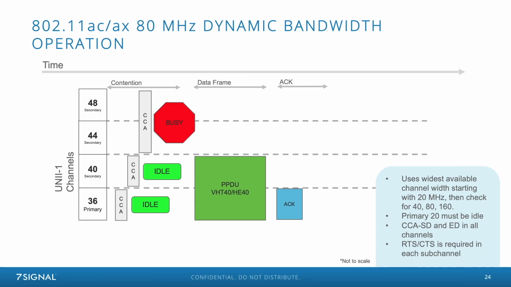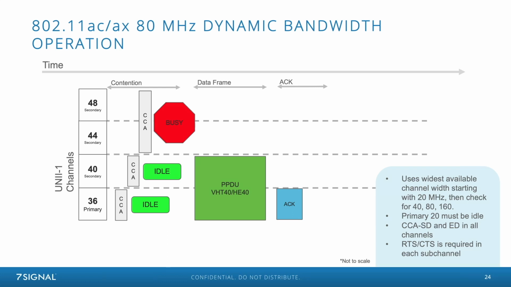So we might go through this check and find everything's idle according to CCA, send RTS frames in those secondary channels, and cause a collision with an overlapping AP that we didn't detect in CCA. So that's better than transmitting a data frame that collides with a data frame. Now we're transmitting an RTS frame that collides with a data frame. Still not that great of a scenario, but it is an improvement when it's available.